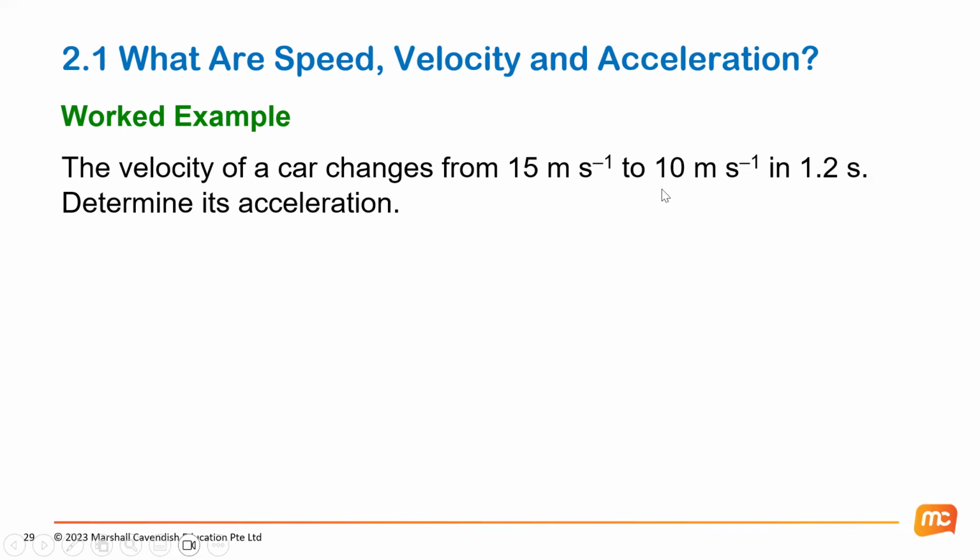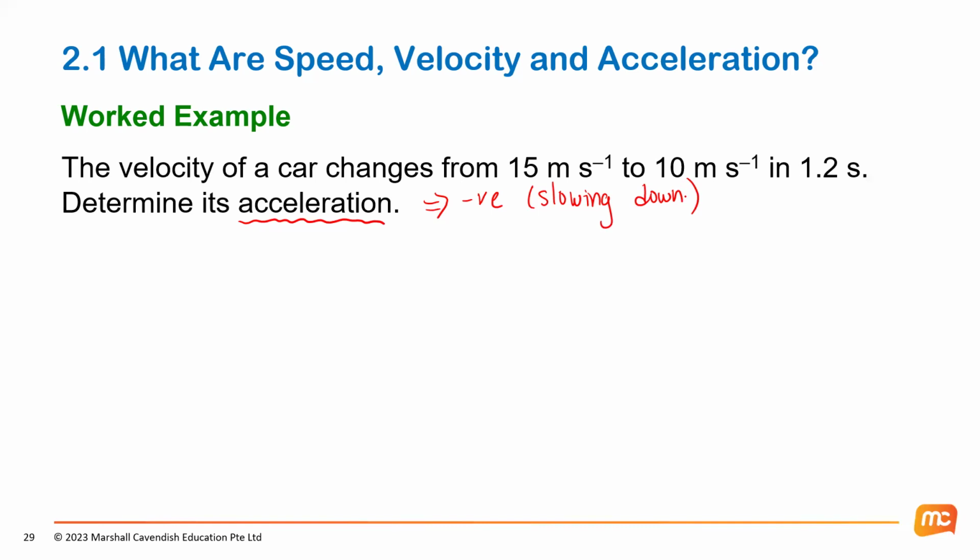It means that the car is slowing down. If I am slowing down, my acceleration will be negative. I am not accelerating, because accelerating means moving faster and faster. I am actually decelerating, moving slower and slower from 15 to 10.